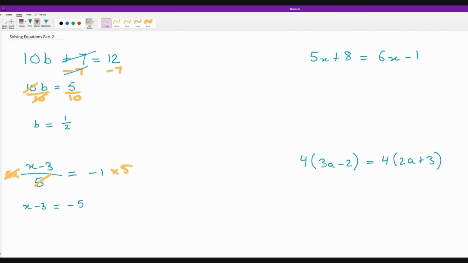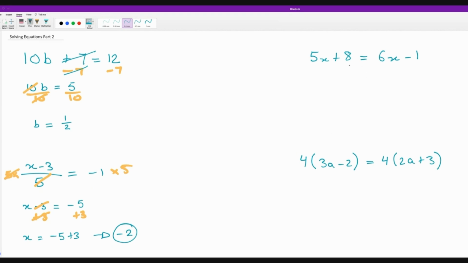Because this is minus 3 and I'm doing the opposite to move it over, I have to plus both sides by 3. That way, the minus 3 and plus 3 cancel, leaving me with x is equal to minus 5 plus 3, and minus 5 plus 3 will give me an answer of minus 2. And that will be my answer.